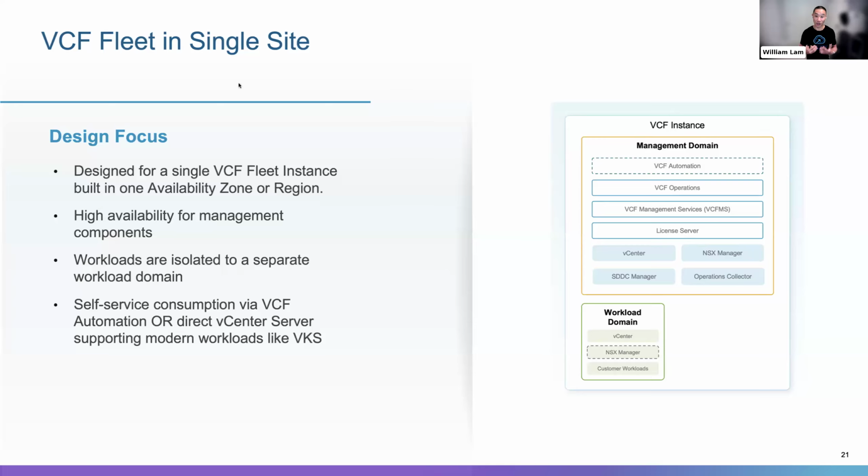In 9.1, I now have a choice of either having that separated out completely for customers who have that requirement, or I can share that NSX manager from my management domain. That is an additional capability in 9.1, which is why you see the dotted line there. And again, I get self-service consumption capabilities by using VCF automation, or I can go to vCenter server directly and get some of those more modern workload capabilities.